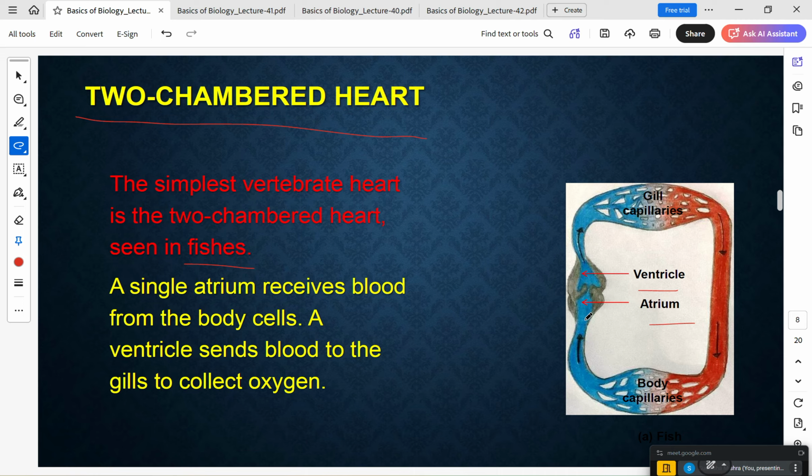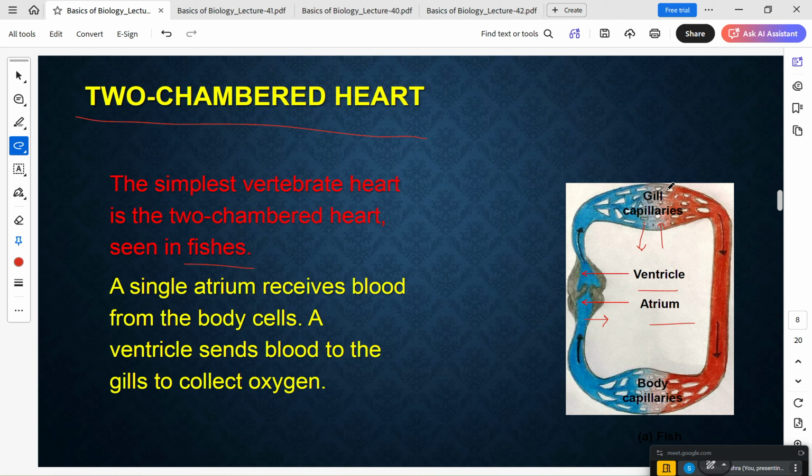This, the blue one, is the deoxygenated blood. The ventricle then sends the deoxygenated blood to the gills, which are rich in capillaries. So there is CO2 that comes out and oxygen that goes in at these places. Therefore, the blood here becomes oxygenated.